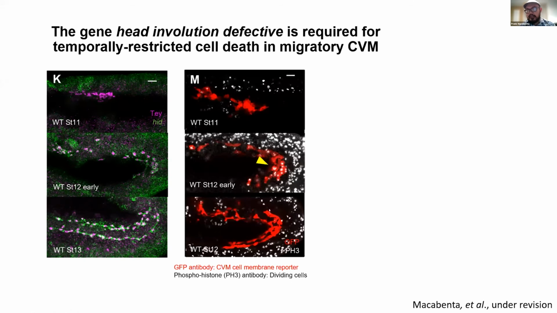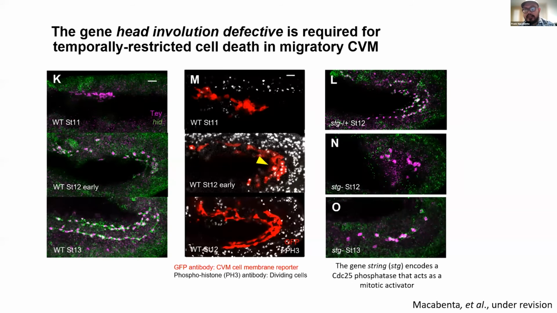And this seems to be correlated with the timing of cell division in these migratory CVM cells. To visualize cell division, we used an antibody against phosphohistone, which is shown here in white. To investigate a potential link between HID mRNA expression and cell division, I looked at mutants for the gene string, which encodes a CDC25 phosphatase that acts as a universal mitotic activator in Drosophila.